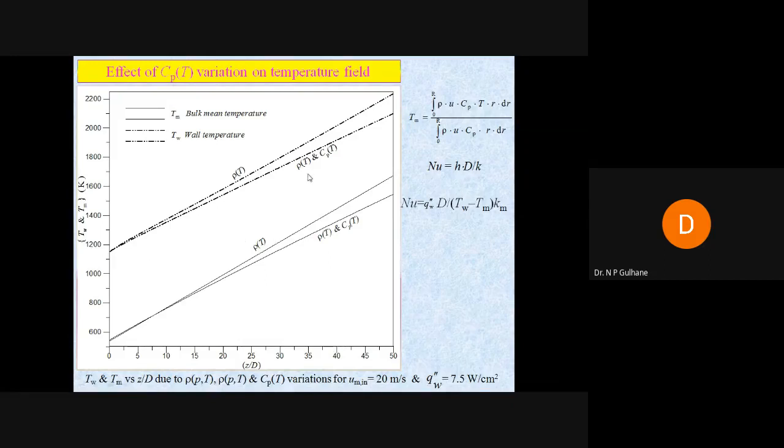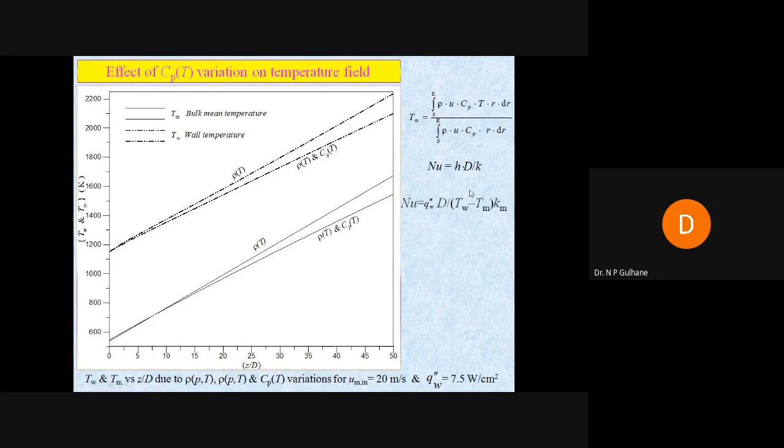This bulk mean temperature T_M is to be calculated with this, right? This is called the enthalpy average of the heat balance. This is calculated based on the enthalpy average. And here the Nusselt number is calculated as hD by k. So using this formula, which we derived earlier, this is a real contribution.